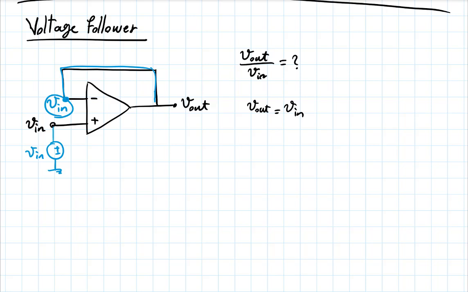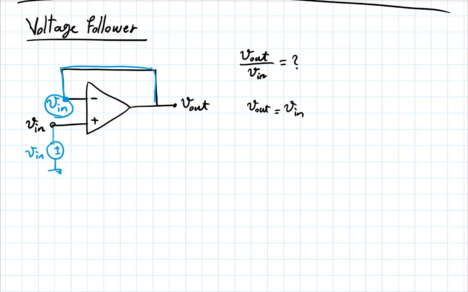And it will be very happy to be connected here because the input of the op-amp does not require any current. So there is no load imposed on whatever this circuit is here, be it a small source or an antenna or what have you. It could be a small voltage that you're trying to measure somewhere. So you're not influencing whatever is here because there is zero current going through.